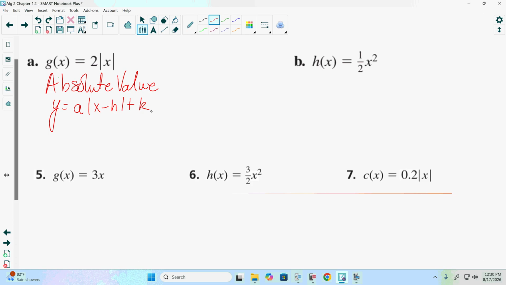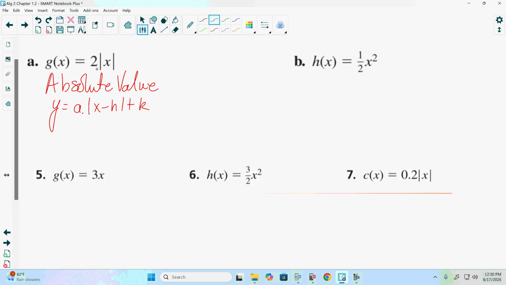We have no value for h. We have no value for k, so it's not moving up, down, left or right. But A is what? 2. Okay, just making sure.